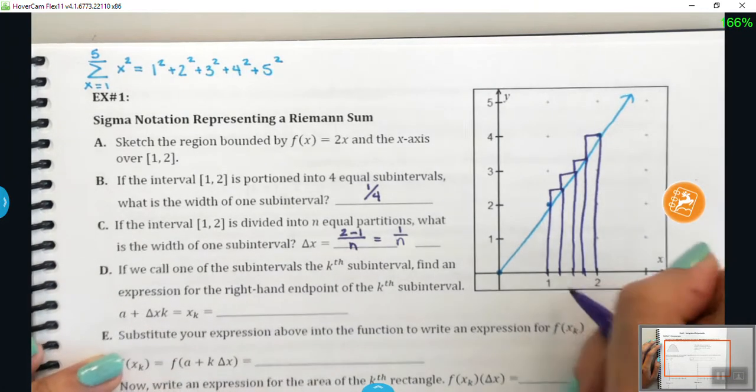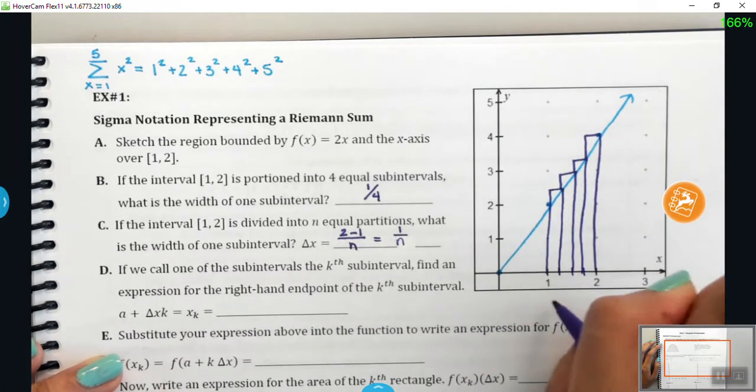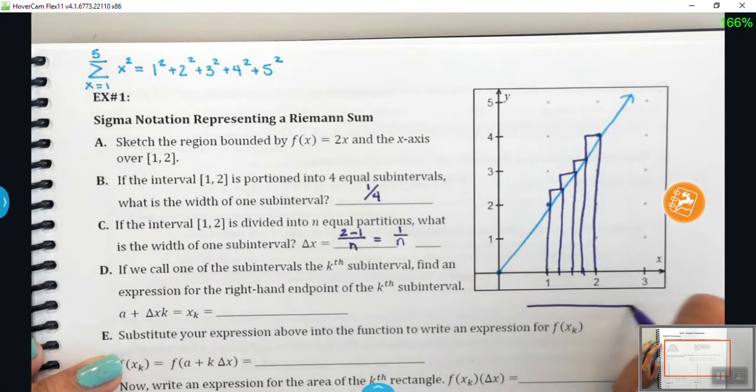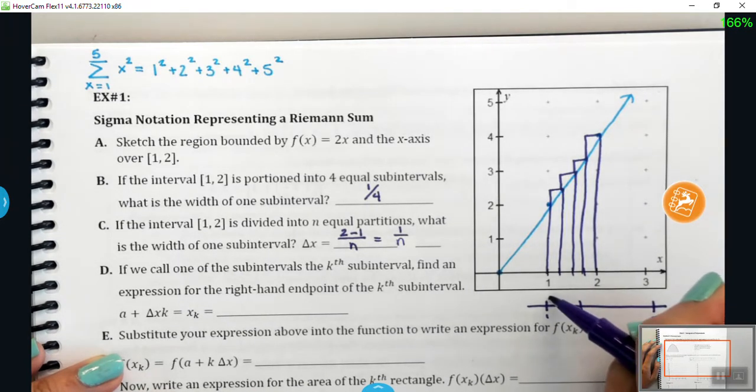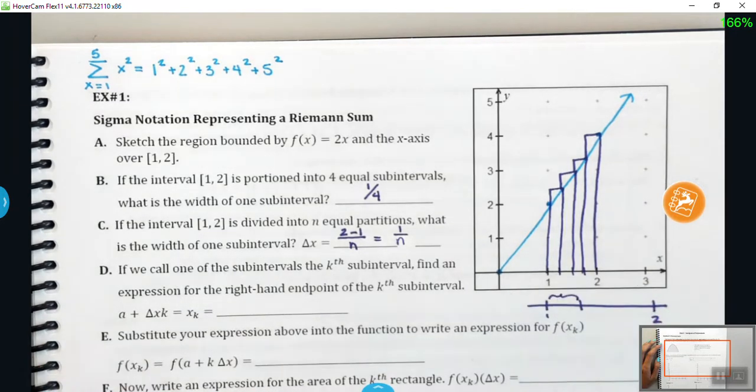So the width from, let's do a closer up view. 1. This distance right here is, how much is that? What did we say?